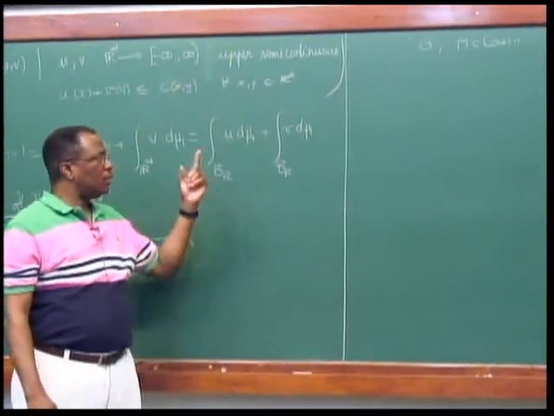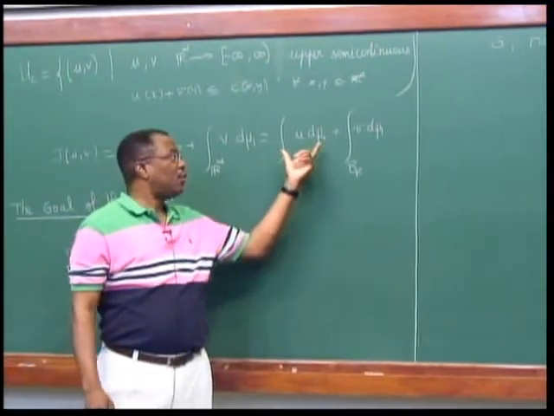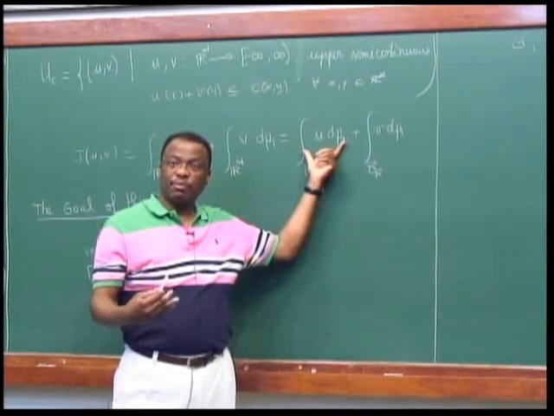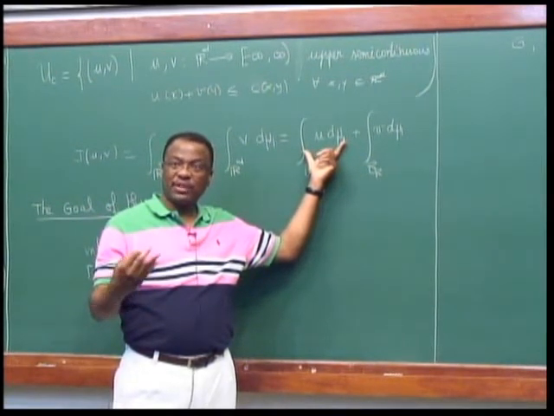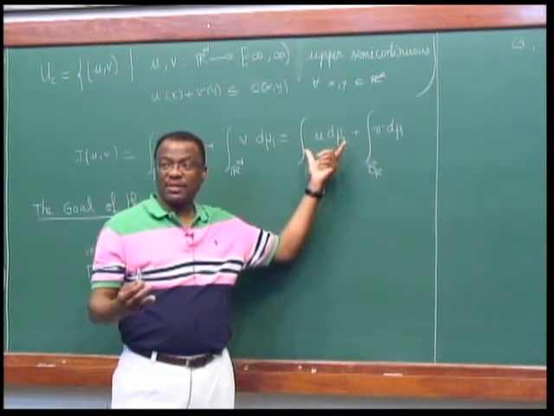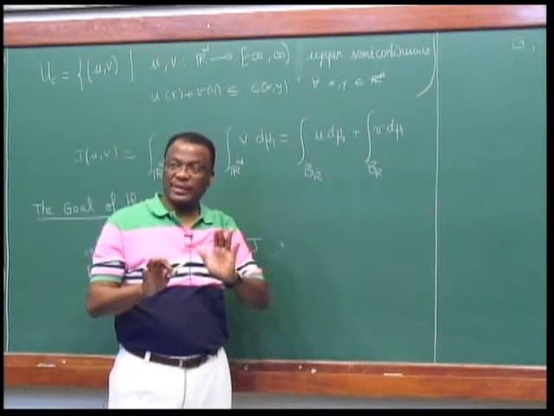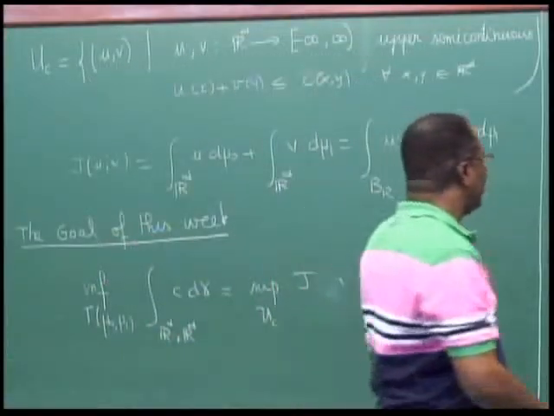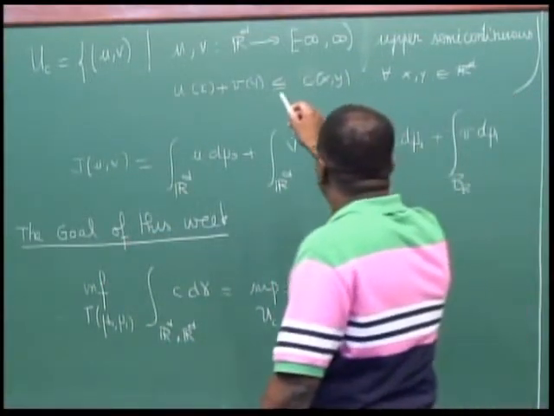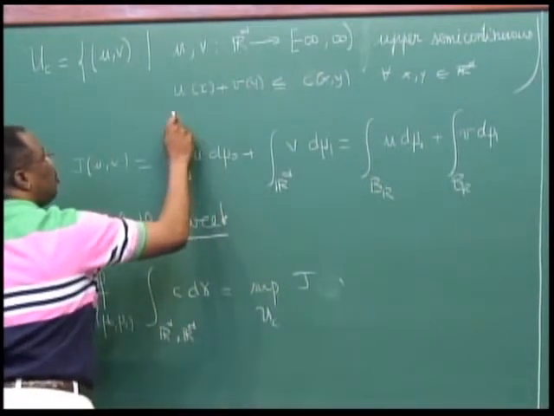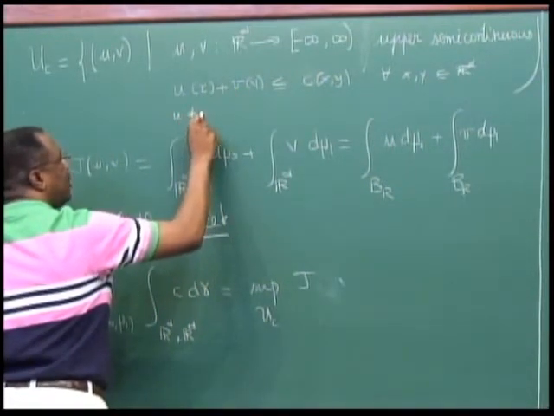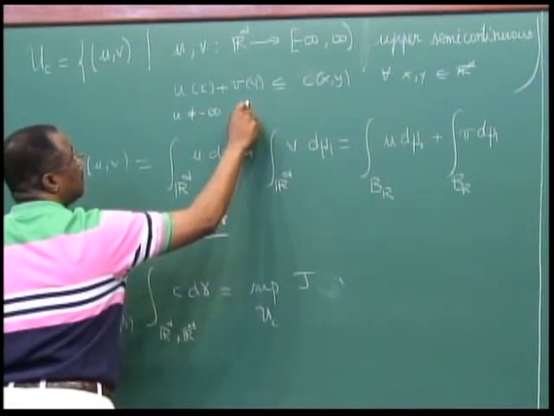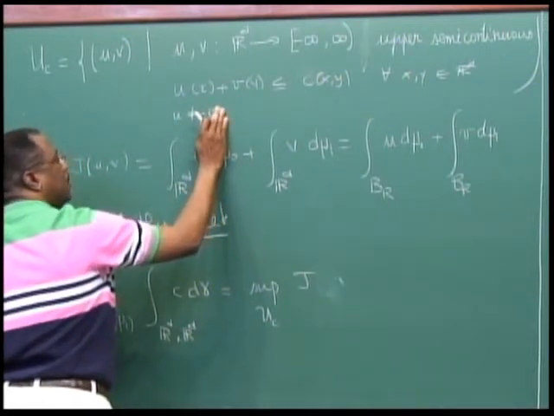So the concern here, when I want to integrate a function, is that the integral of the positive part may be plus infinity, and the integral of the negative part may be minus infinity. If I exclude that situation, then I have my integral. But now, let's see. Here, it is good to add that u is not identically negative infinity. Actually, I don't need that.